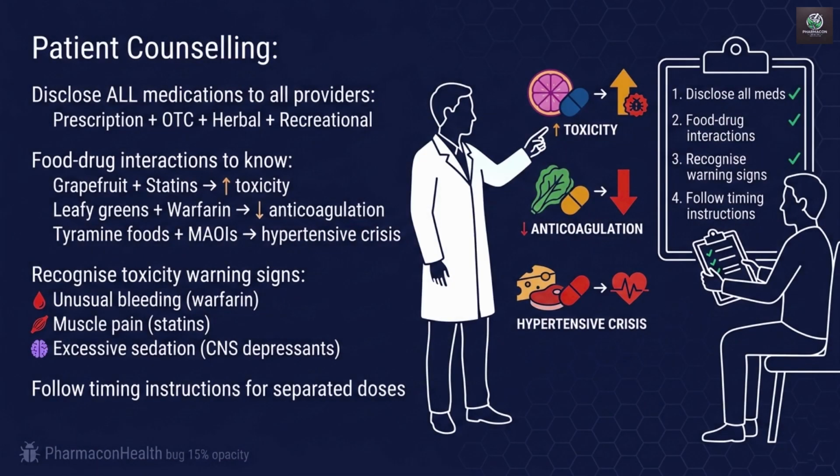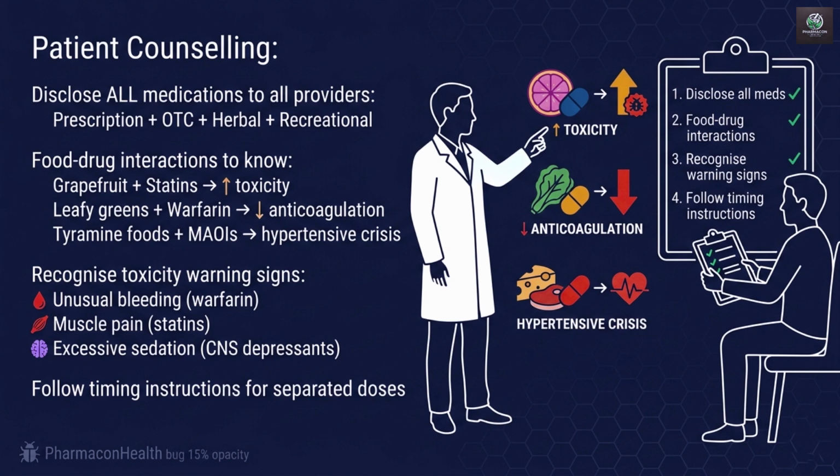Patient education is an indispensable layer of interaction prevention that no electronic alert system can replace. Patients must be instructed to always disclose all medications, prescription, over-the-counter, herbal, and recreational, to every healthcare provider. They must understand specific food-drug interactions: grapefruit juice and statins, leafy greens and warfarin, tyramine-rich foods, aged cheese, cured meats, and monoamine oxidase inhibitors.